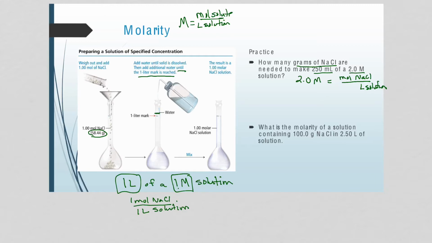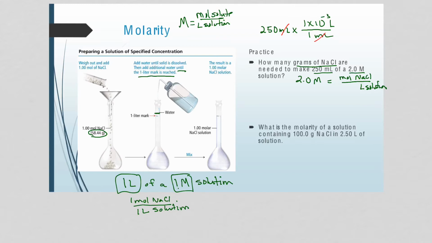So let's go right up here and we'll do that. So we have 250 milliliters. If we remember our metric conversions, 1 milliliter is equivalent to 1 times 10 to the minus third liters. Milli is times 10 to the minus third.